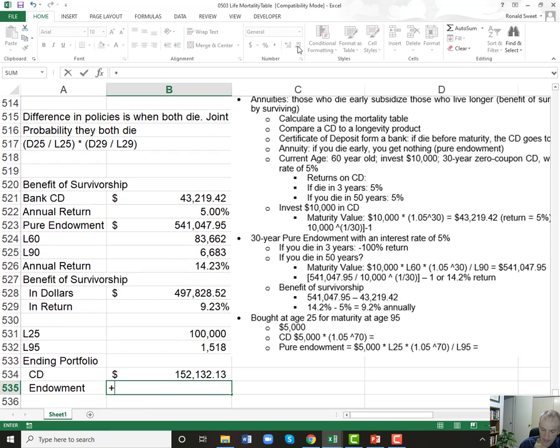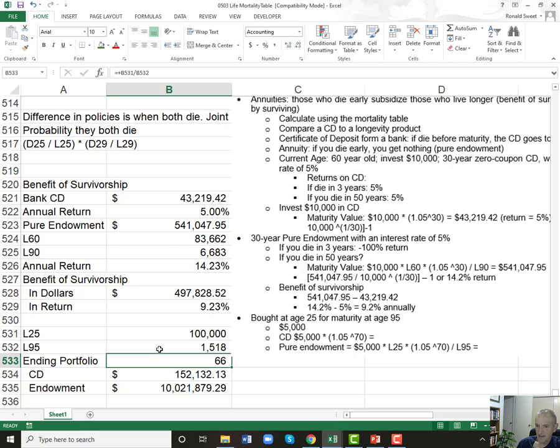Well, here's the same math again. That doesn't change. But the difference is we multiply that by the L25 and we divide it by the L95. And so that means these people, instead of getting $152,000, they're going to get essentially more than 50 times that. Why? Because 100,000 divided by 1,500 is 66. So you get 66 times more return.